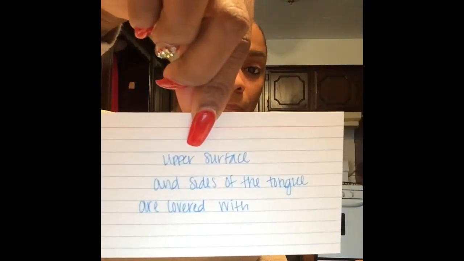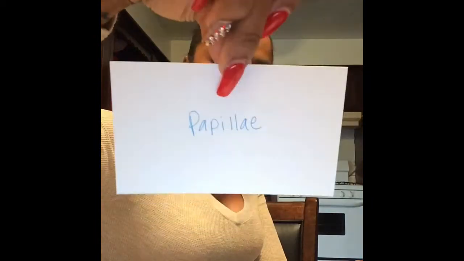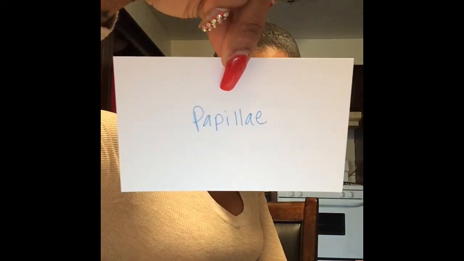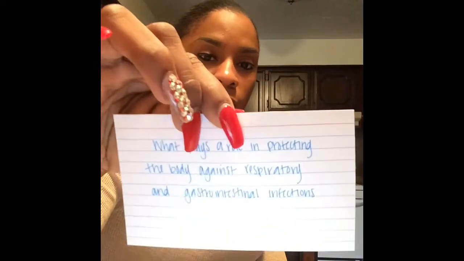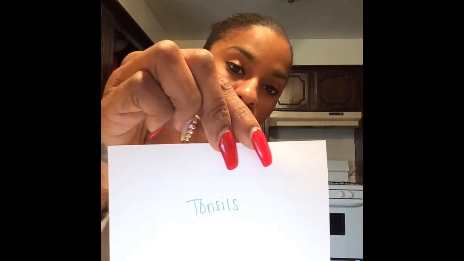Upper surface and sides of the tongue are covered with papillae. What plays a role in protecting the body against respiratory and GI infections? The tonsils. What will move to close off the nasopharynx and prevent food from entering the nasal cavity?